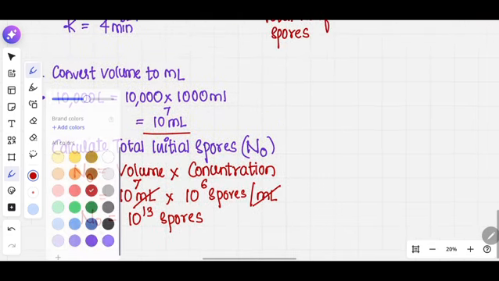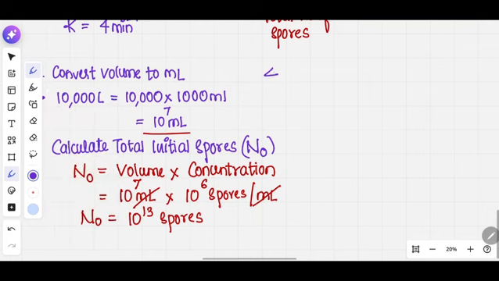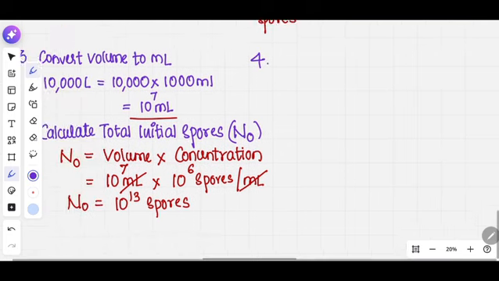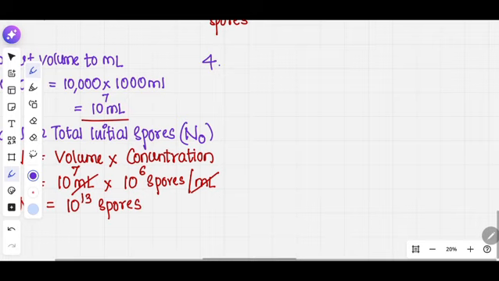Next is step number 4. What we do in step number 4 is apply the first order death rate equation.